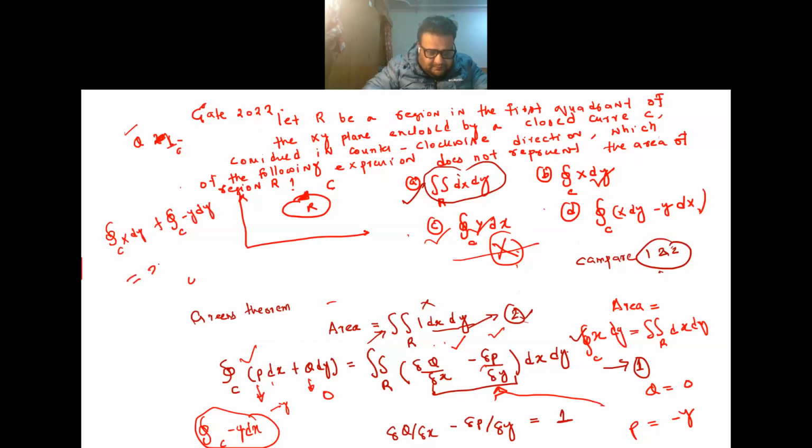This will give me twice the area, because this is 1A and this is also 1A. So my area would be half of this. I can write this as the classic formula, half of x dy minus y dx. So this is also correct, and the only one that is wrong is the other.